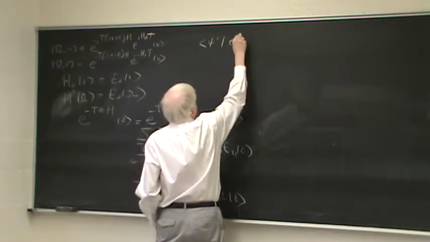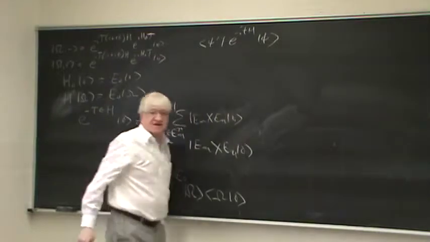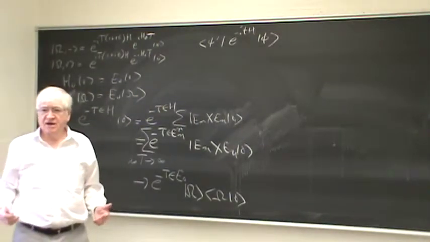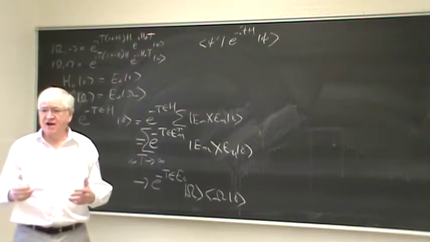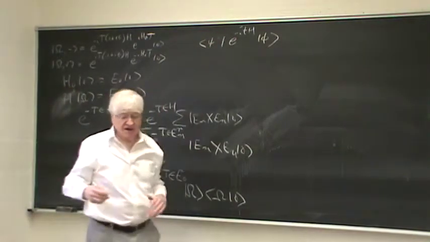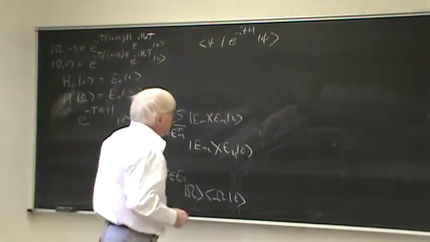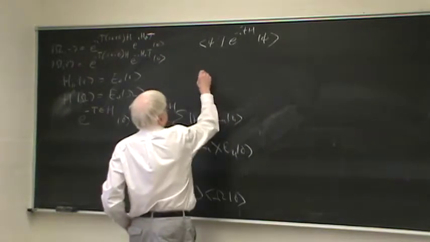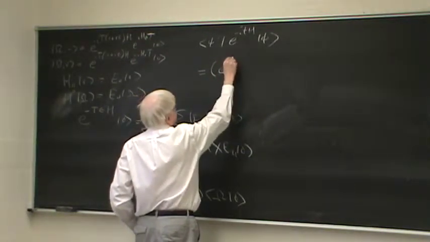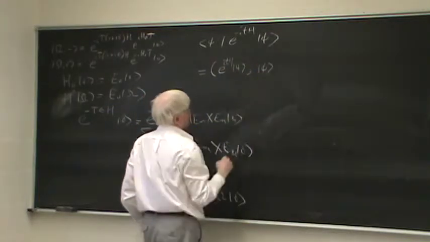<psi'|e^{-iHT}|phi>. This is the inner product if you have some state at time T. This is the inner product of phi with psi prime. I could have left it as just psi after a time T. Okay. What this really is, it's the inner product of e^{iHT} on psi with the state phi.